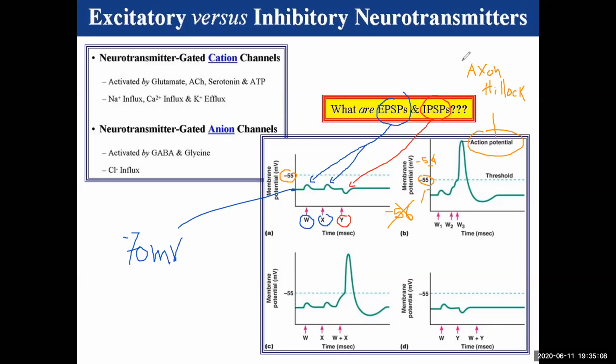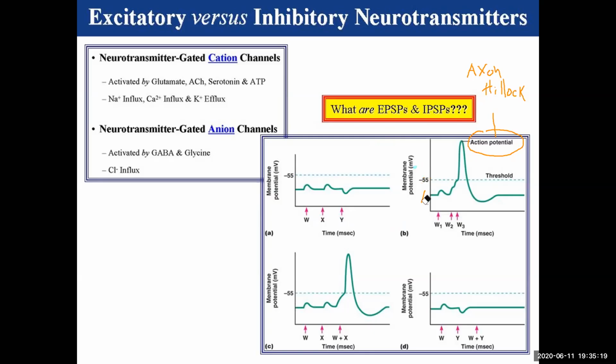Okay, so now this is the dissipation distance that we talked about earlier. If you look closely at these graded potentials, they get generated and they die out. They get generated, they die out.